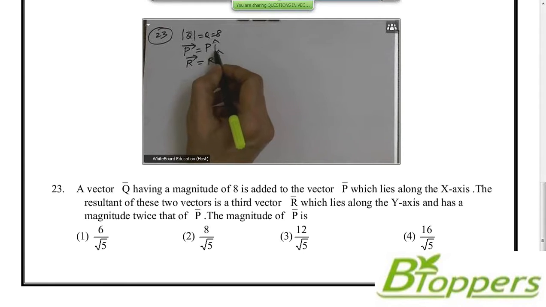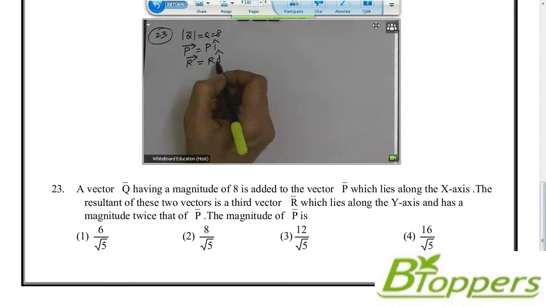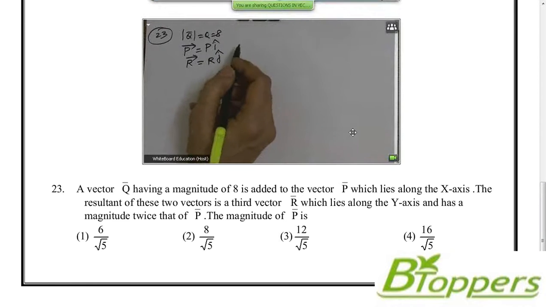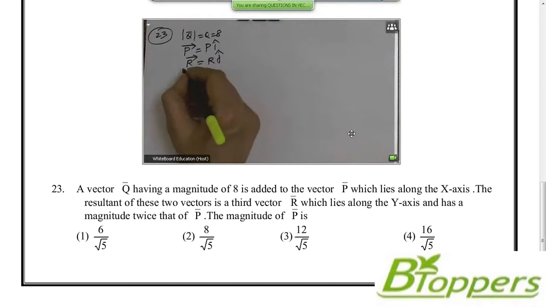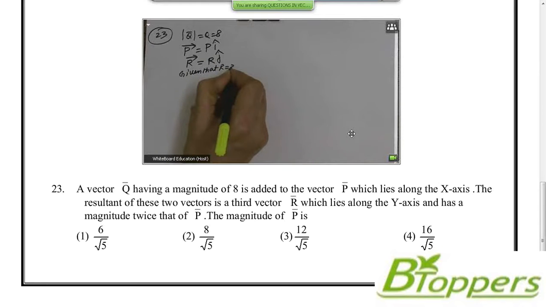Unit vector along x-axis is denoted by i cap, and unit vector along y-axis by j cap. It has a magnitude twice that of p bar. That means it's given that r equal to 2p. You're asked to find the magnitude of p bar.